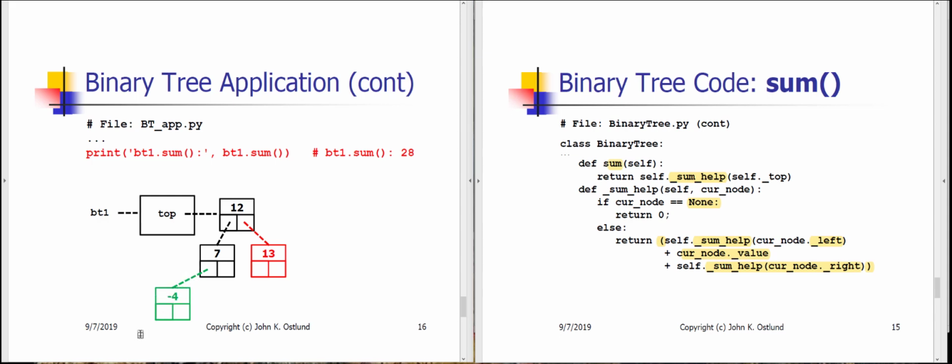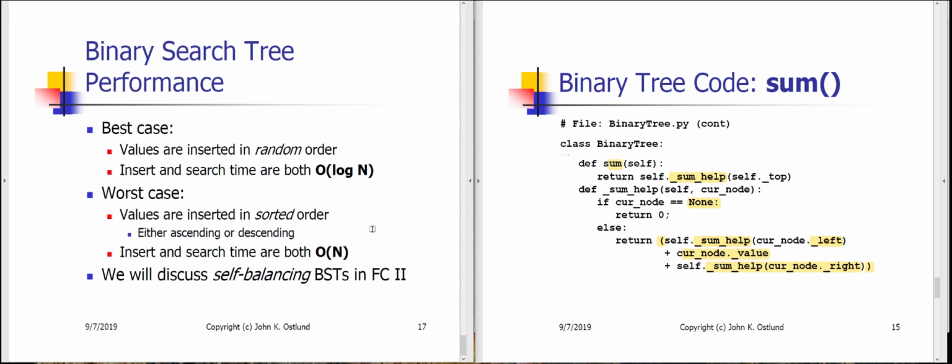The sum of its left is 0. The sum of its right is 0. So -4 is the sum of the left. -4 plus 7 plus 0 is 3. And 3 plus 12 plus the sum of the right, which is 13, gives me 28 as my sum. And of course, that's just one of many methods that we can create for interacting with or finding out about or even rearranging the nodes in our tree.